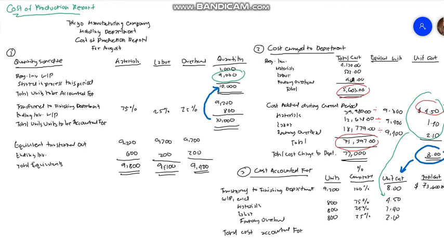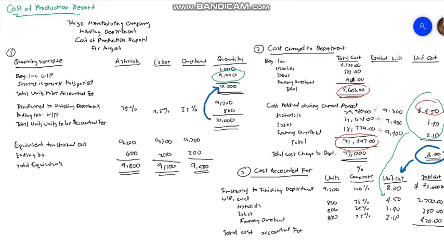So that's 800 multiplied by 75%, or 600 multiplied by 450, so that's 2,700. For the labor for the work in process end, that's 800 times 25%, or 200 multiplied by 1.4, so that's 280, and 800 multiplied by 25% multiplied by $2.10 is 420.